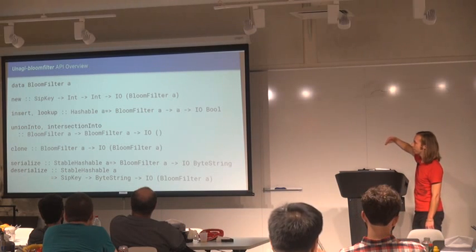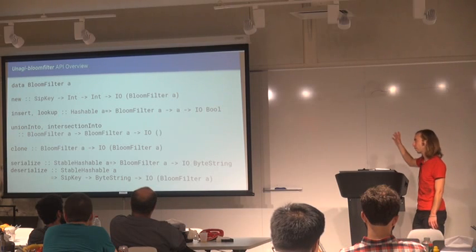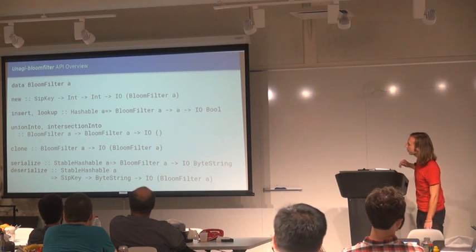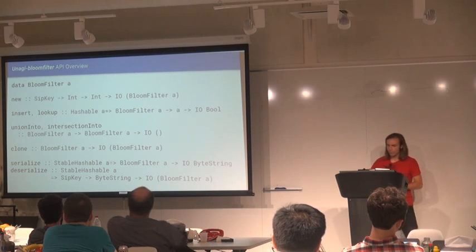And likewise, intersection takes the intersection of the two Bloom filters, making the second one the intersection of the two Bloom filters. We have a clone function that just copies a Bloom filter, and then we have these serialization functions.